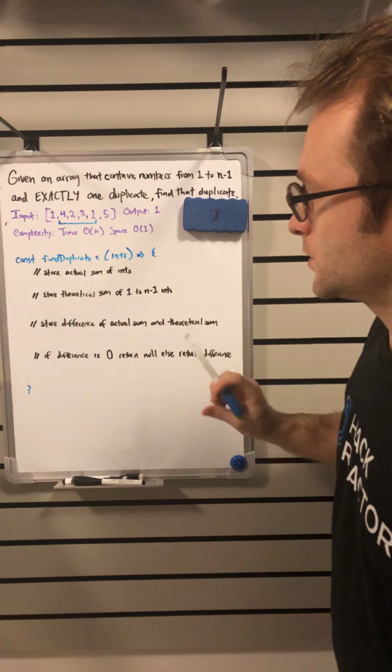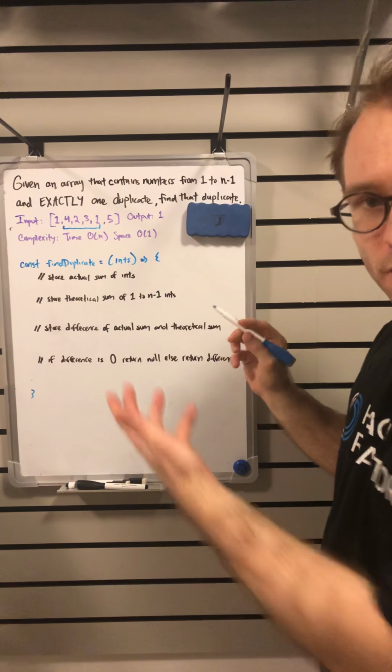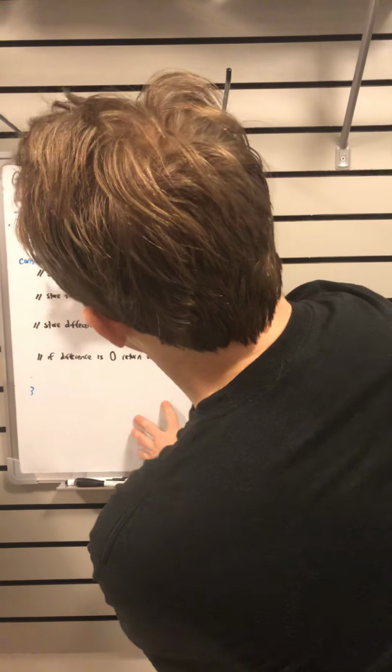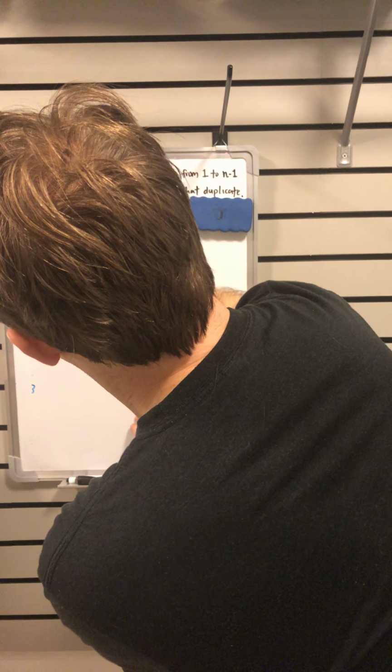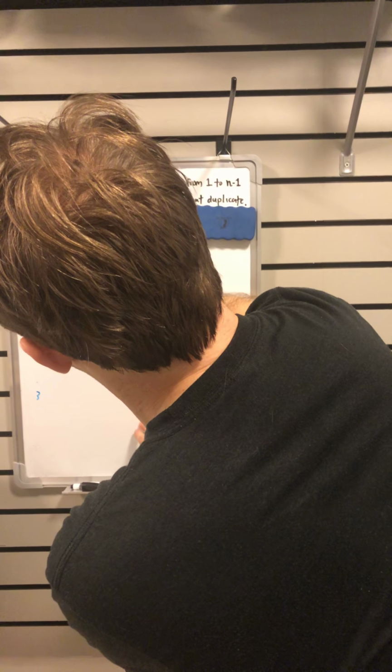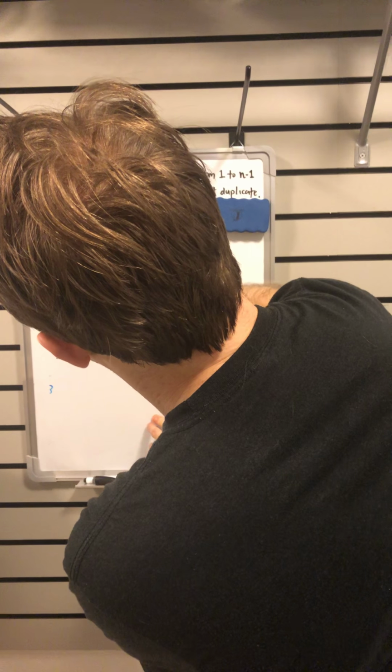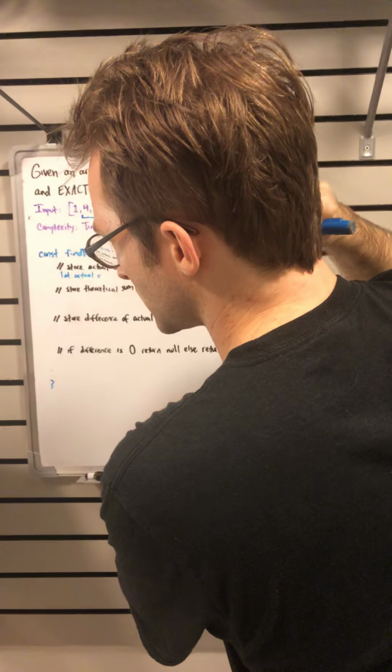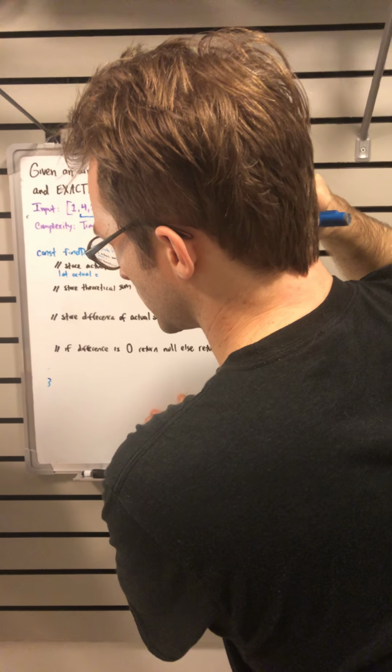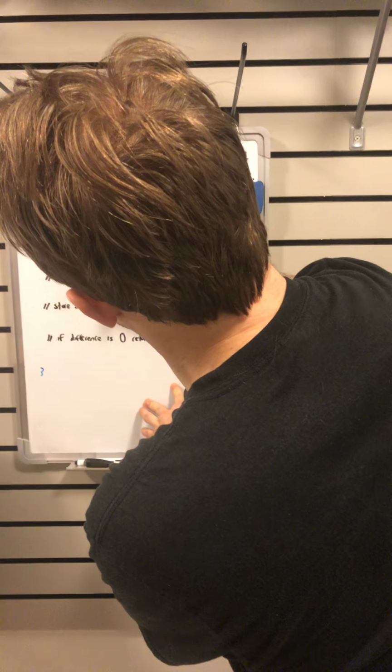So the first thing we're going to do is store the actual sum of the integers. So we could say let actual equal, and to get the actual, we could simply do a reduce function.